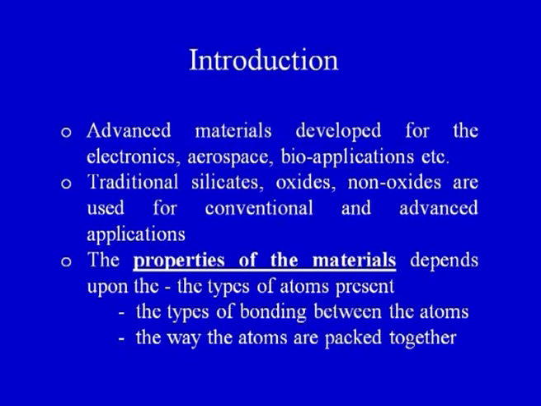The first criterion is the types of atoms present, second, the types of bonding between the atoms, and third, the way the atoms are packed together. These points dictate the properties of a particular material, and those properties are further used for the processing of that material.